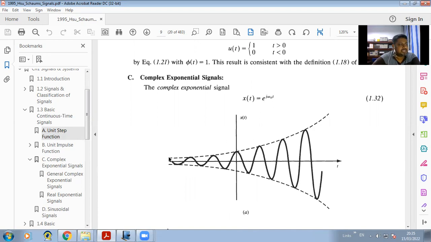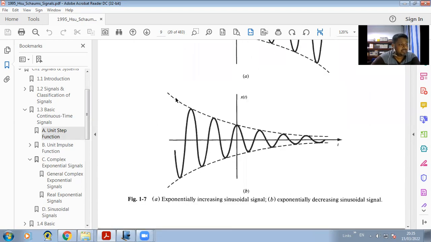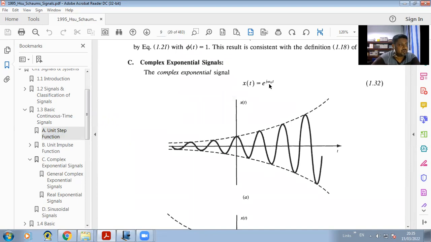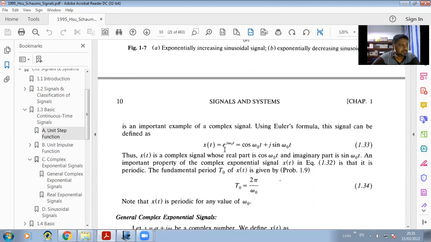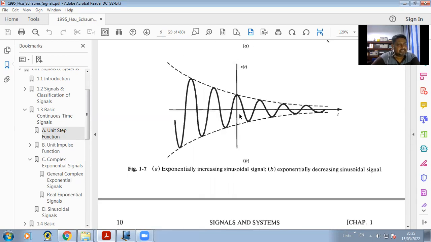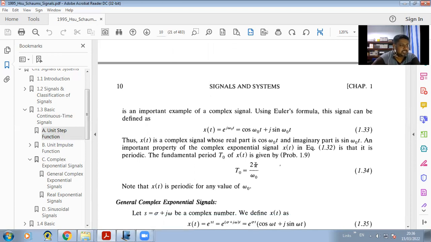And if it is minus j omega naught t, so omega naught is minus, it will be a decaying exponential, a sinusoidally decaying signal. You can see that the Euler formula is there. Using the Euler formula, we can prove that this is a periodic signal, although we can't see it physically. Mathematically, it is a periodic signal. So the period is this.